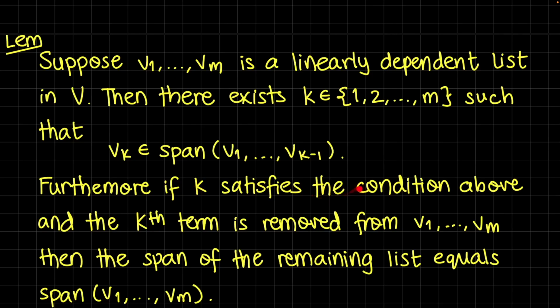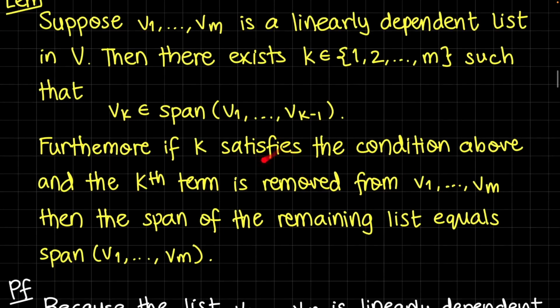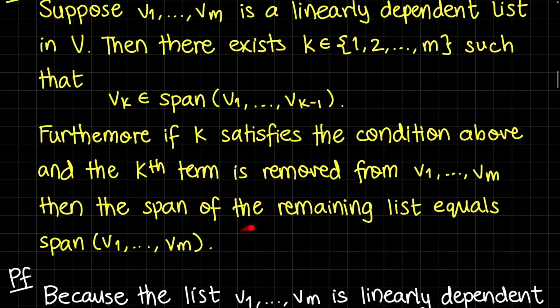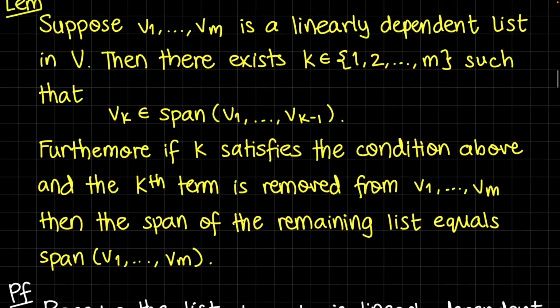Furthermore, if k satisfies the condition above and the kth vector is removed from the list v1 through vm, then the span of the remaining list after removing the vk is the same as the initial span.